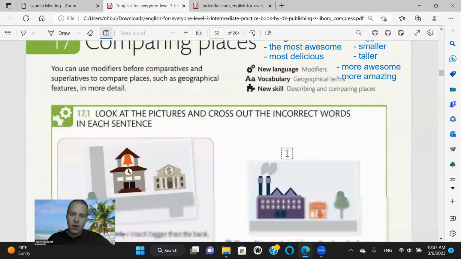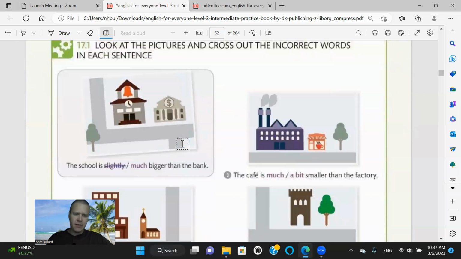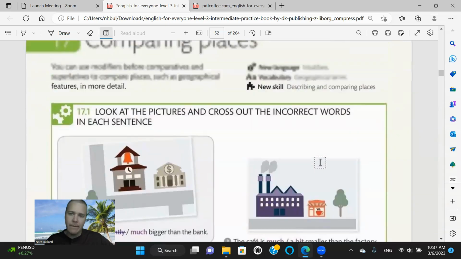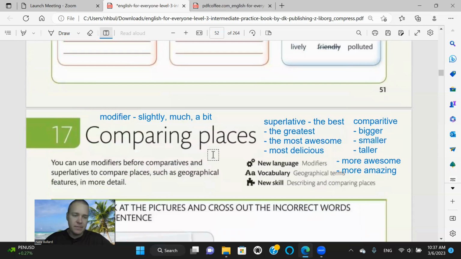Okay? All right. What is a modifier? A modifier es una palabra así, slightly, much, a bit. Son palabras que significan, por ejemplo, un poco, mucho, un poquito.